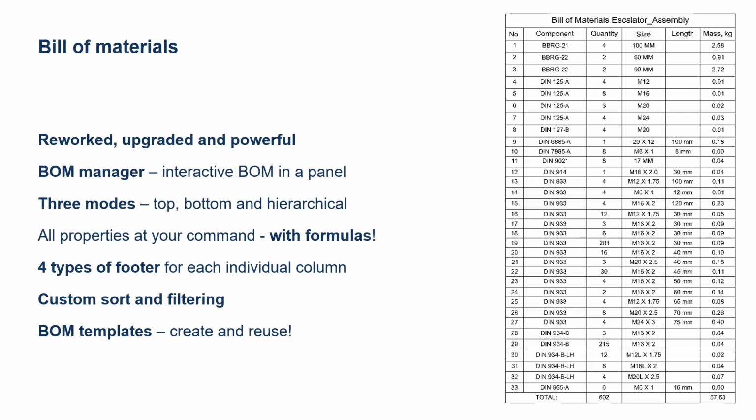Moreover, we added more tools to configure your bill of materials, because now you can add footer rows for each individual column. You can adjust sorting, you can adjust units, how to display them and how to represent them in a table. You can adjust filtering, what entities should be in your table and what not. And you can also add your custom formula fields. And of course, you can save it and reuse it as a template in your future assemblies.